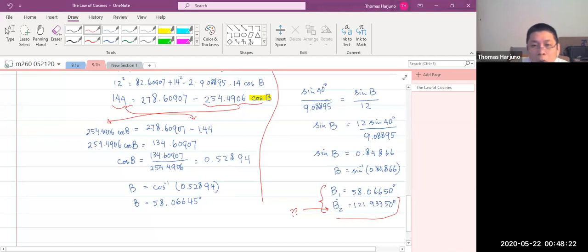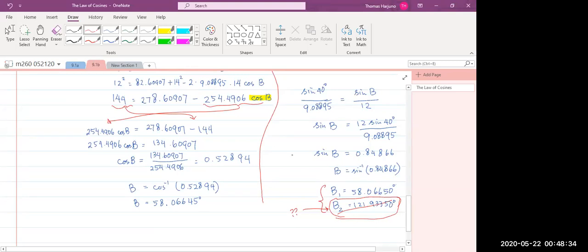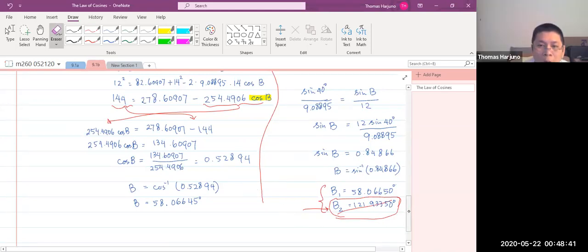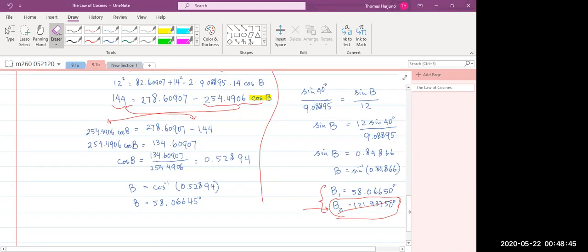How do I know that this is not the answer? How do I know that I have to reject this? Don't you compare the angles to the sides of the triangle, as you said? Yeah, so what do you compare? You just say that, but you don't tell me specifically what you compare to, right?